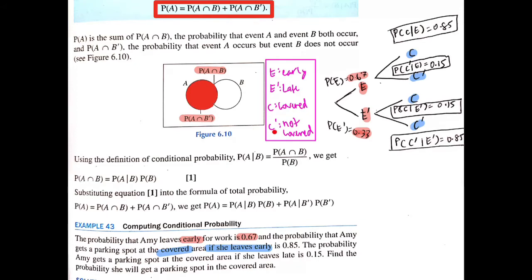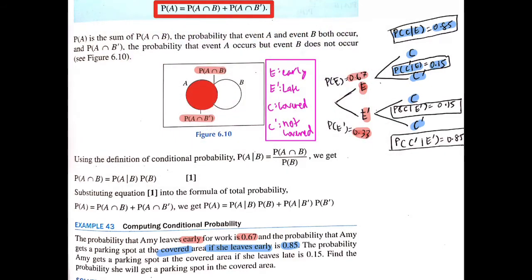I've named C for covered and C prime for not covered. What is the meaning of this probability? This is the probability of getting a covered area if she leaves early, and the value is 0.85. So let's write 0.85. Therefore, we can calculate this branch ourselves. This is the probability of Amy getting uncovered parking if she leaves early, so we take 1 minus 0.85, which is 0.15.